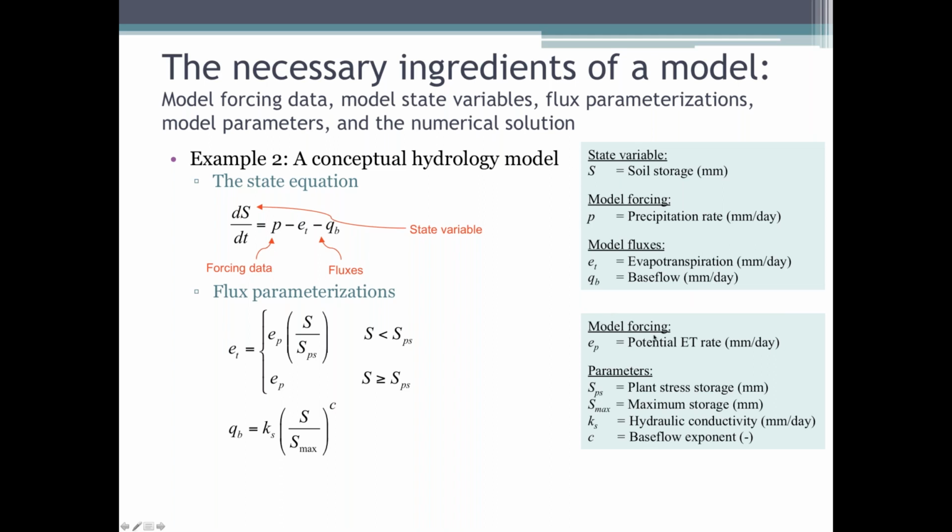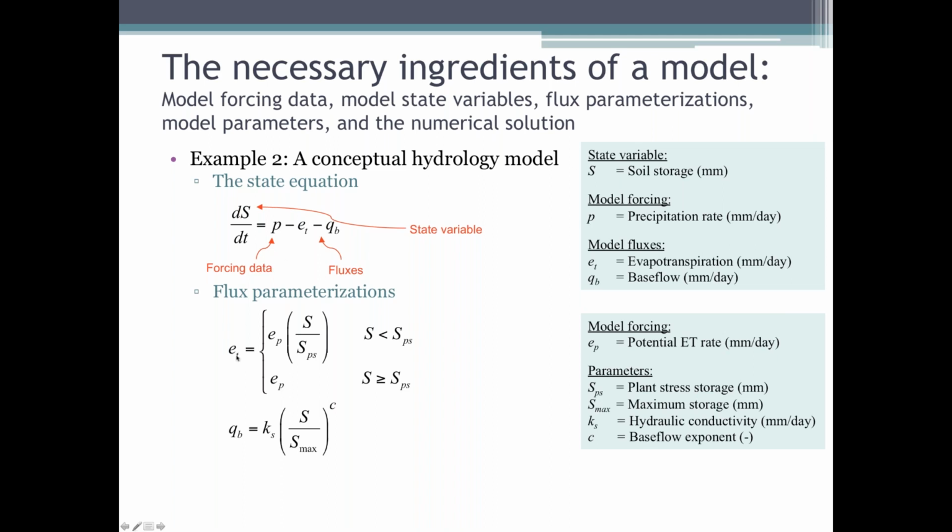Again, we have some model forcing, which is E sub P, the potential ET rate. This is based often on temperature or solar radiation, how much energy is there available to transpire water from the system in millimeters per day. And then we have some cases here.